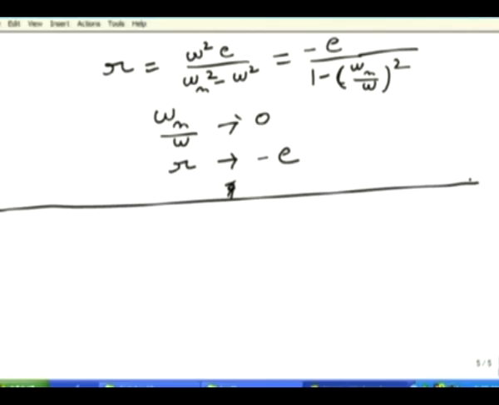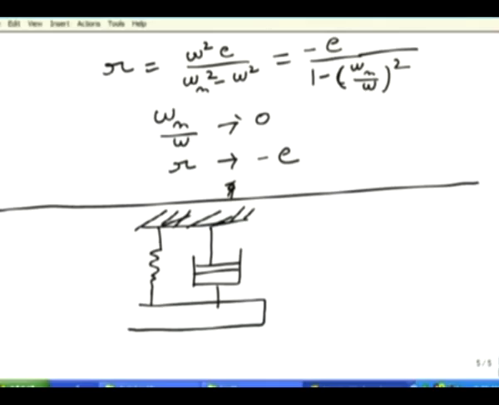Now, the spring mass and dashpot system is the most commonly employed system for studying the vibrations. Here this is a dashpot, this is mass m, this is K, and this is C.